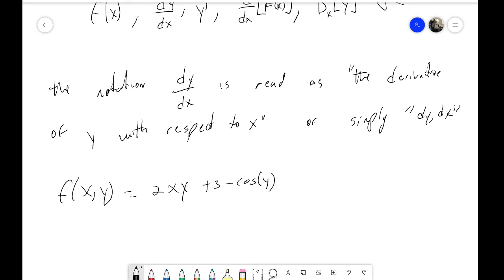This is a perfectly fine function, and if you were to take the derivative of this, you will have to specify which variable you're taking the derivative with respect to. So when you get to a vector calculus class, this notation is often preferred.